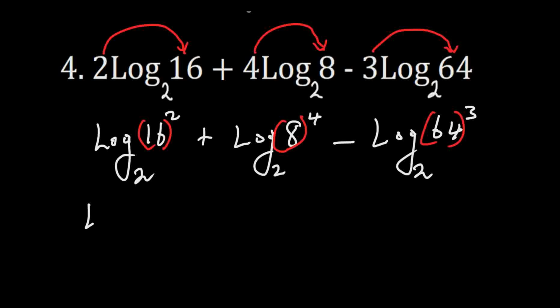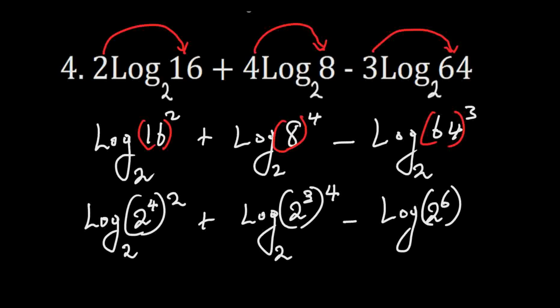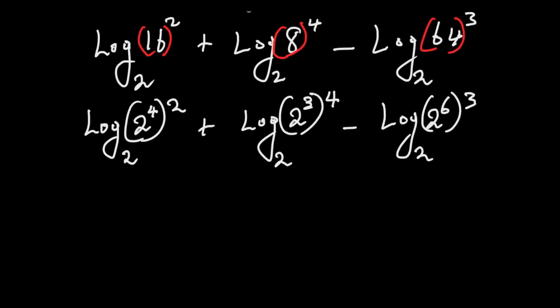So once that happens, then we're going to have log 2 to the 4th power in parentheses squared to base 2 plus log 2, because 8 is 2 to the 3rd power, so log 2 to the 3rd power in parentheses, then write the 4 outside to base 2 minus log 2. 64 is 2 to the 6th power, so 2 to the 6th power in parentheses, and then to the 3rd power base 2. Good. So now we can distribute these.